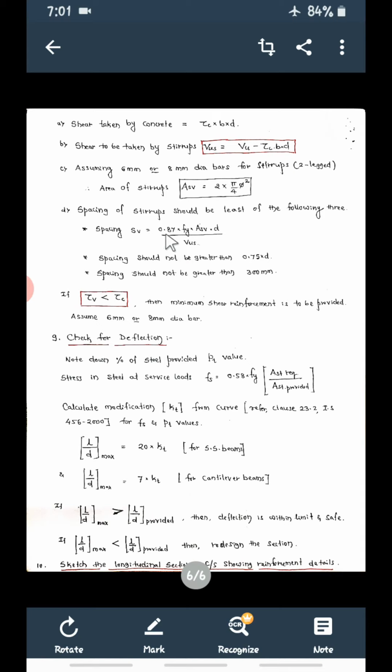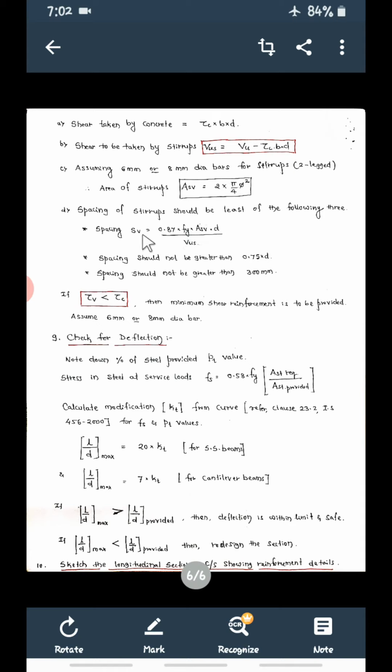So from this you can calculate the spacing, that is spacing SV, small sv, equal to 0.87 into Fy into ASV into small d divided by VUS. This VUS, then Fy, ASV is this, and d is the effective depth of the beam.